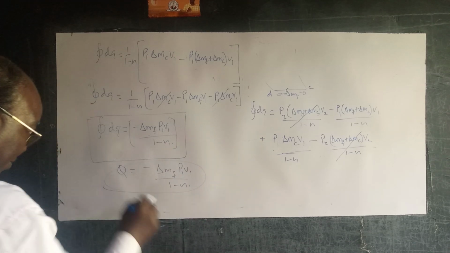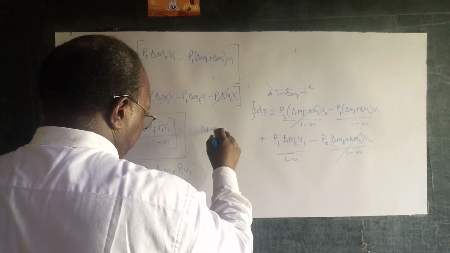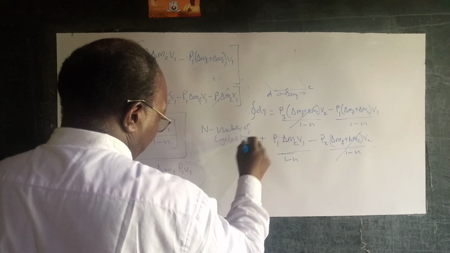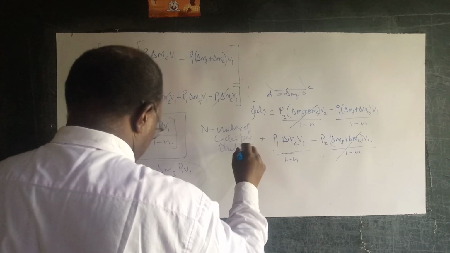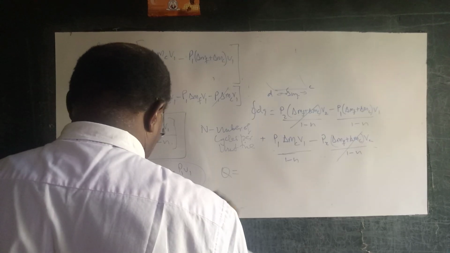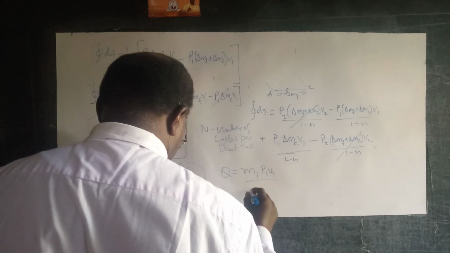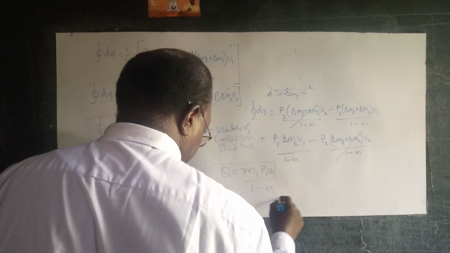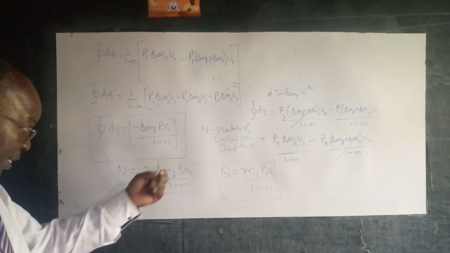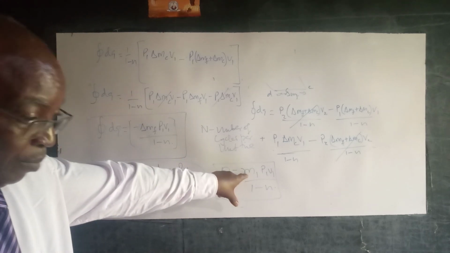If you multiply by the number of machine cycles, if N is the number of cycles per unit time, then we will have Q equals M1 P1 V1 over 1 minus n, where of course you see that N times that mass flow rate is basically what we are calling M1.